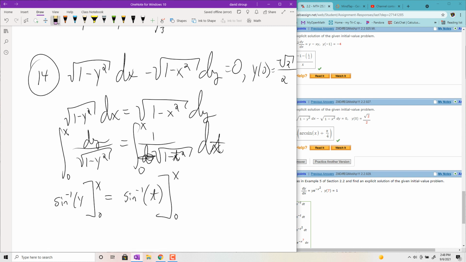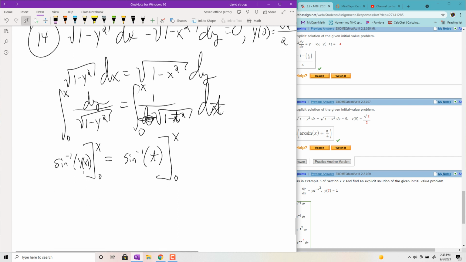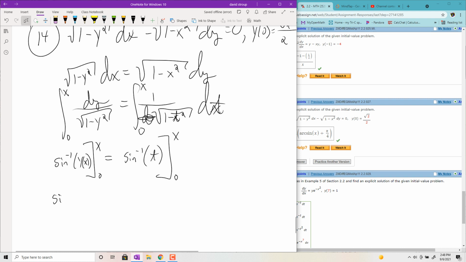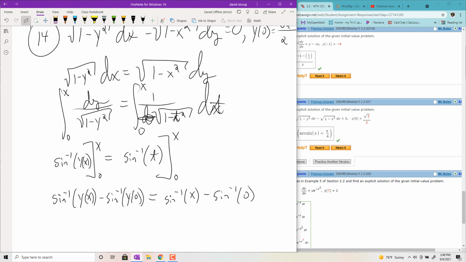So if you want to help, you can put a little x in here. That may help, maybe not. So anyways, you'll have sine inverse of y of x minus sine inverse of y of 0. On the right-hand side, you'd have sine inverse of x minus sine inverse of 0.